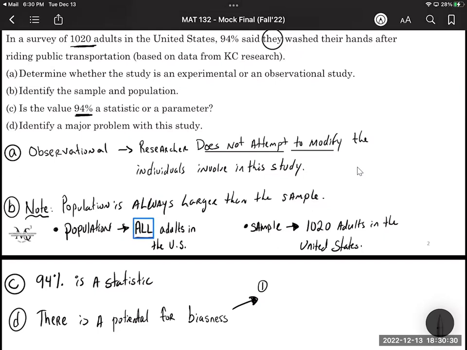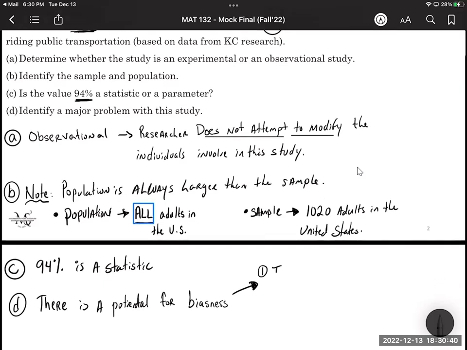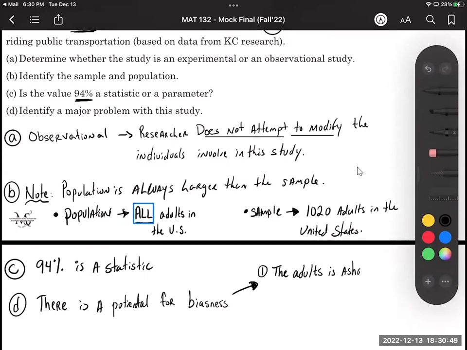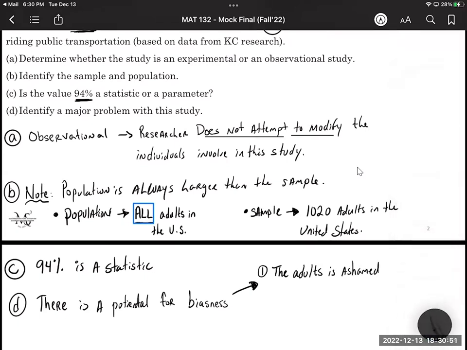I think we've probably seen this sometimes when you use a public restroom. Sometimes you can just see somebody walk out from the public restroom and they don't even wash their hands. So the adults, one reasoning that I could think of is that the adults is ashamed, they're embarrassed. The adults is ashamed to tell the truth.